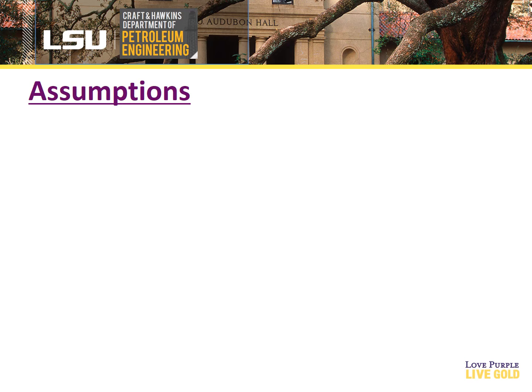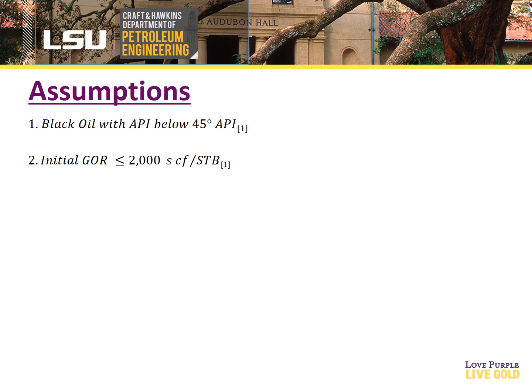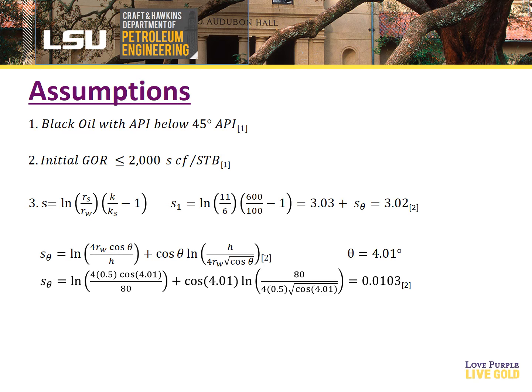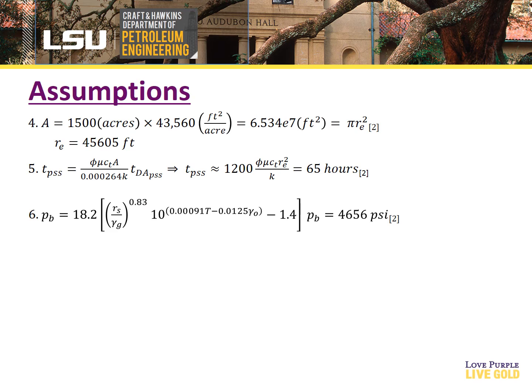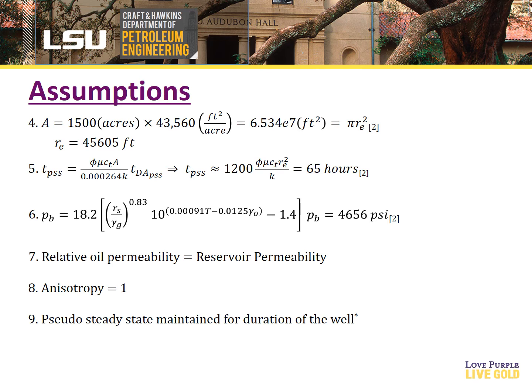The assumptions and calculations that we will refer to during this presentation are oil gravity, gas-oil ratio, skin, area which we use to calculate the external radius of our reservoir, time to reach pseudo-steady state flow, bubble point pressure, relative oil permeability equal to reservoir permeability, anisotropy equal to 1, and pseudo-steady state flow was considered for the entire duration of the well life due to a 65-hour period of transient flow being negligible.